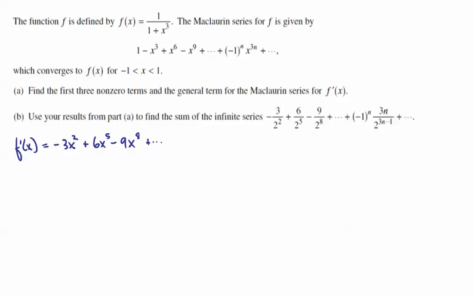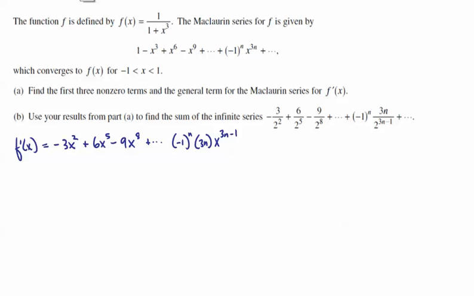Now, the general term is just going to be the derivative of the general term of the original function. So we would still have -1 to the nth, then 3n comes down, and we have x to the 3n minus 1.